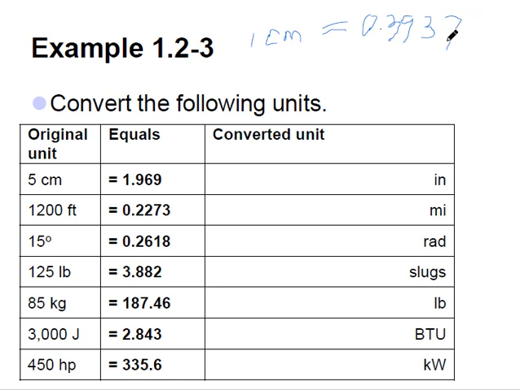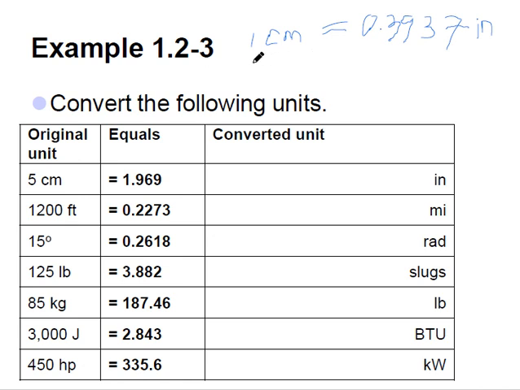So the factor is 0.3937 inches. So here we go. 1 centimeter is 0.3937 inches. That's your conversion factor. So we can now easily convert.